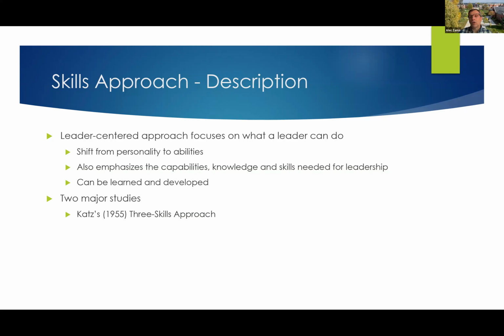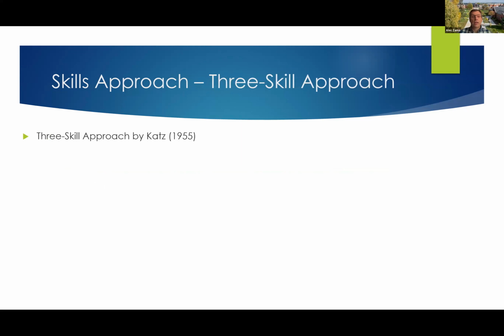So again, we're going to look at the two major studies, and we're going to start with the three-skill approach by Katz. In his research, Katz identified three distinct leadership skills. The technical skills encompass knowledge and proficiency in accomplishing a specific activity.